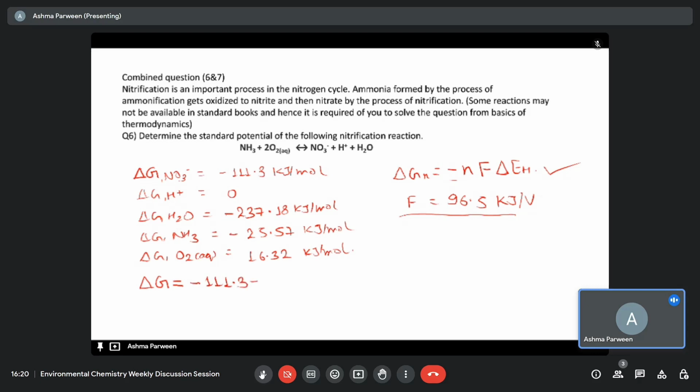For H plus it is 0, plus for H2O it is minus 237.18. For ammonia it is minus 25.57, plus there are 2 moles of oxygen, so we multiply 2 into 16.32. After solving this, we get delta G as minus 355.55 kilojoules per mole.